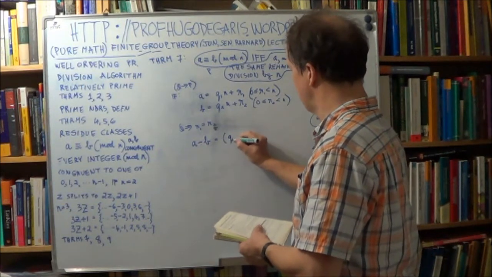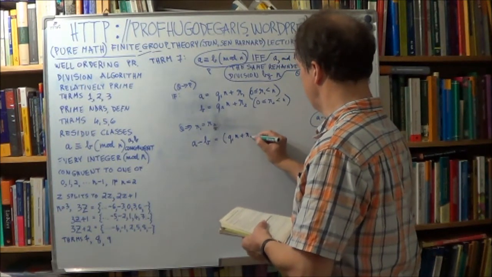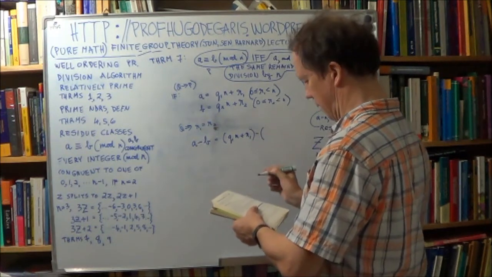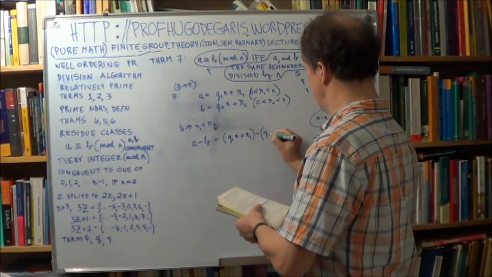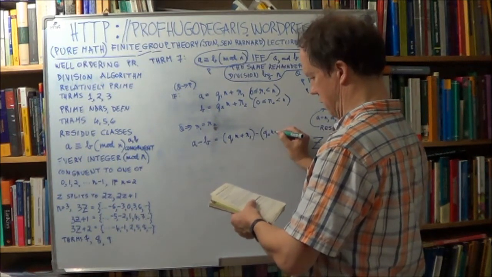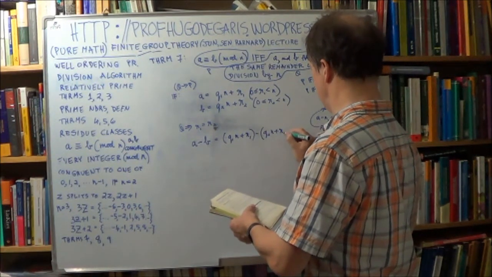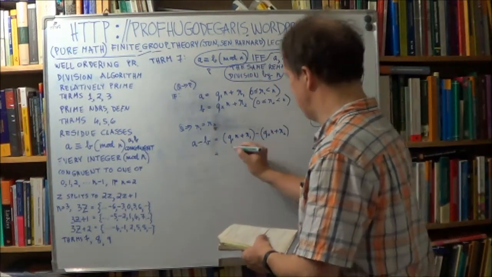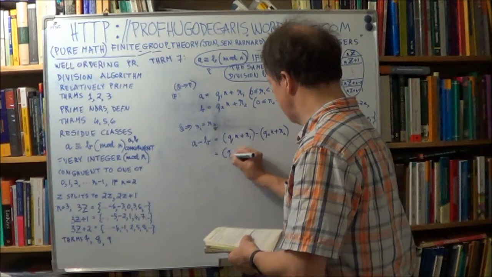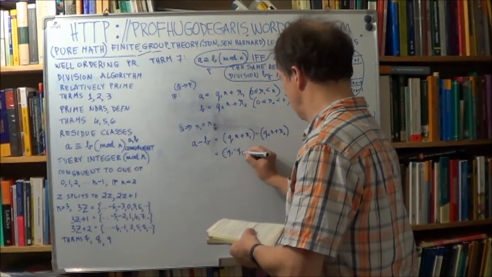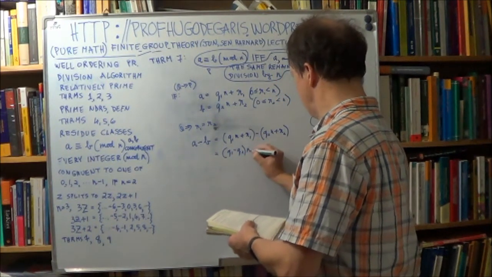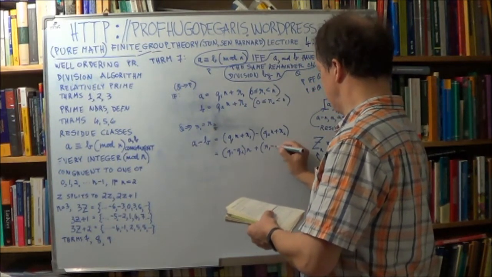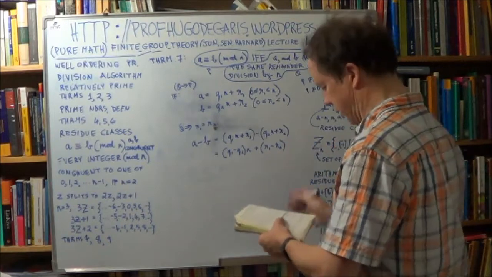That's Q1n plus R1 minus Q2n plus R2. And that comes out as, take the n outside, so it's Q1 minus Q2 times n plus R1 minus R2. Okay?